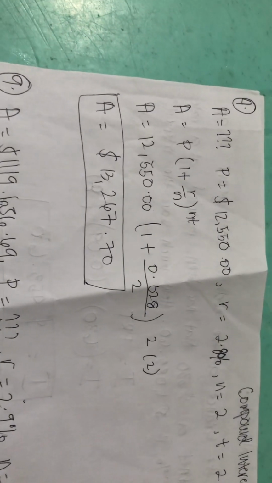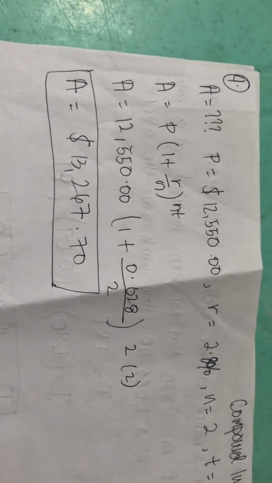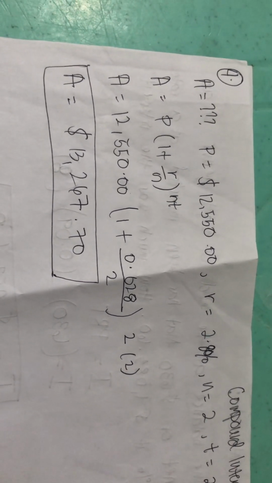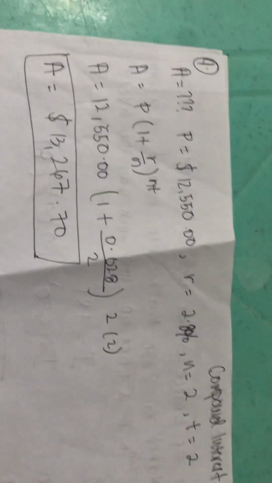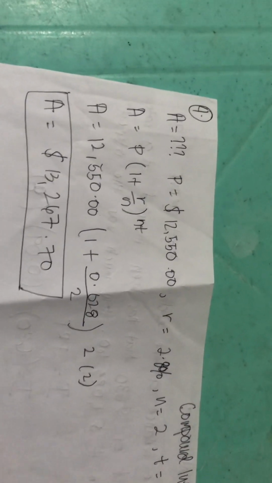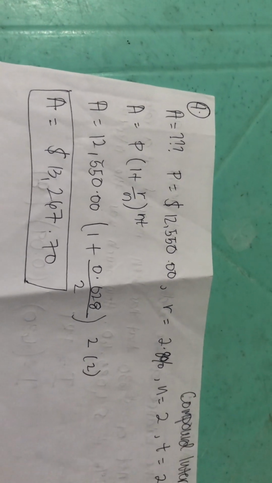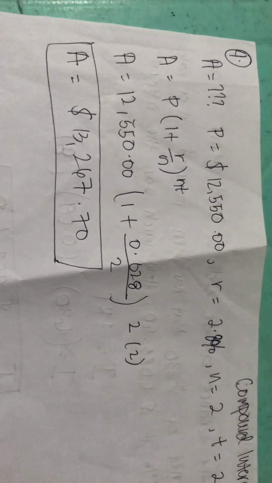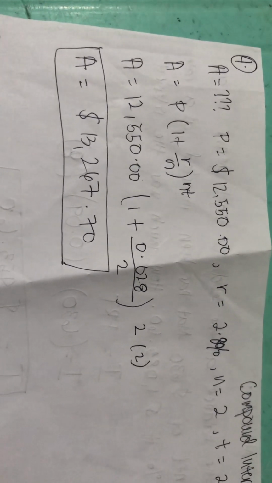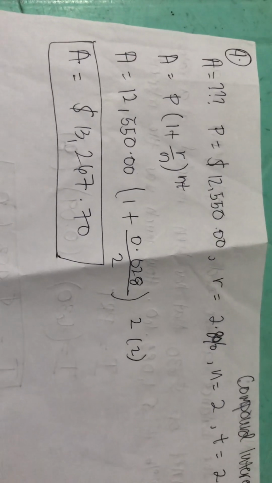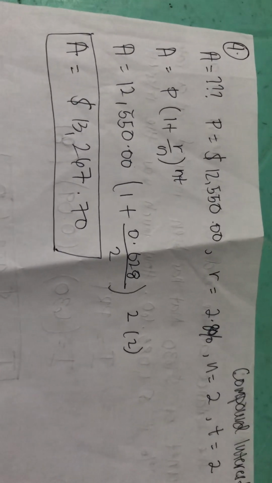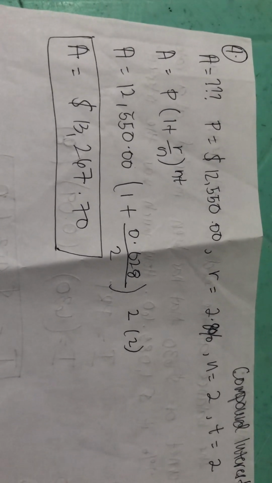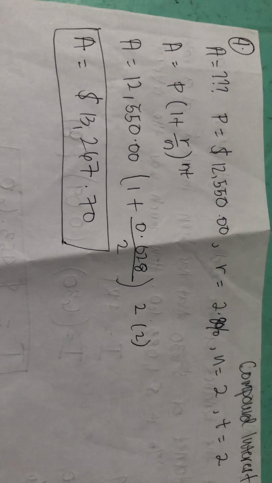So, copy the formula. A equals P, open parenthesis 1 plus r over n, close parenthesis, to the power of nt, the number of times compounded per year times the time in years. So here, copy the A, then write the principal amount given, $12,550, open parenthesis 1 plus 0.028 over 2, close parenthesis, just write the 2 over the top, then the 2 times.